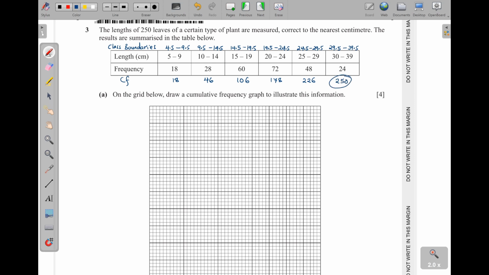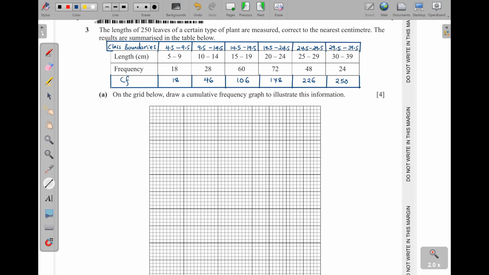Actually, the last cumulative frequency value you get here must be equivalent to the summation of f. Let me just add a simple table. So that is what we are having there.